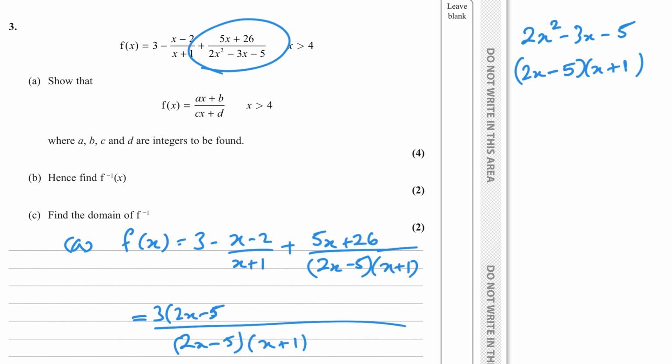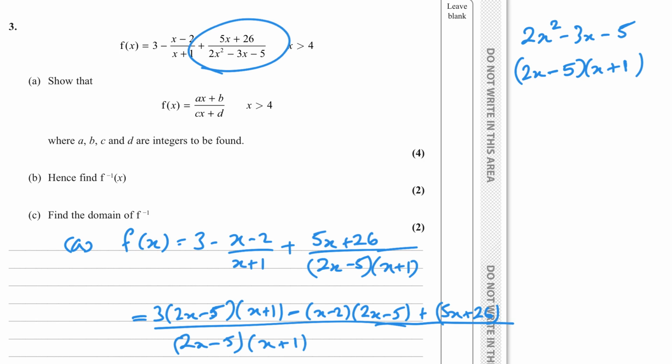So 3 times (2x minus 5)(x plus 1), minus, and then we've got the x minus 2. That will just be multiplied by 2x minus 5. And then we've got the 5x plus 26 at the end.